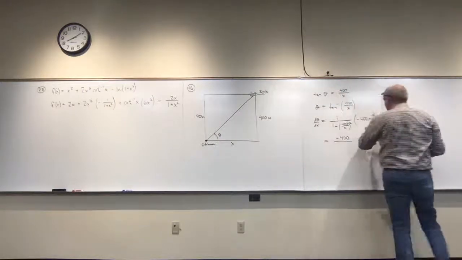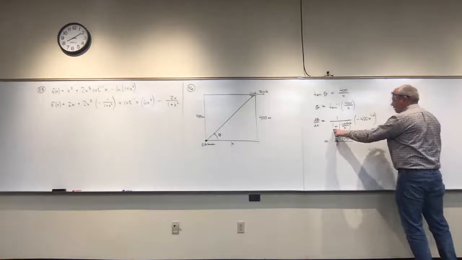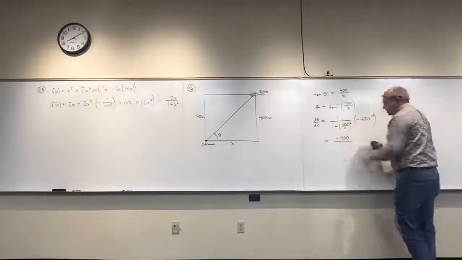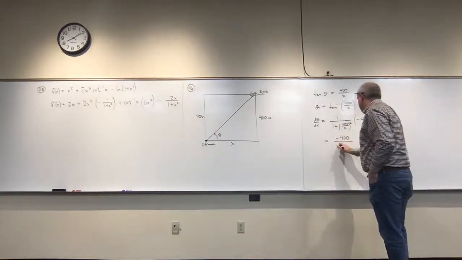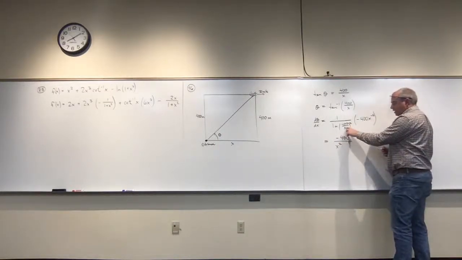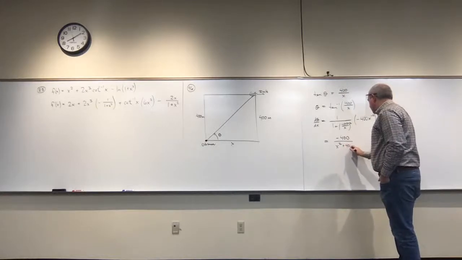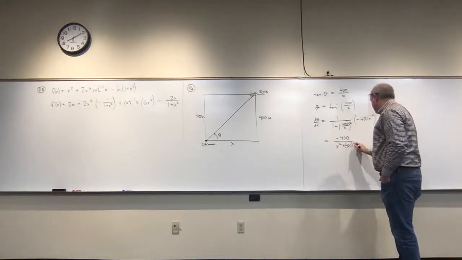This x squared is on the bottom, and if I multiplied the x squared through, I'd get an x squared here, and here I'd get an x squared over x squared. And it would just end up being plus 400 quantity squared.